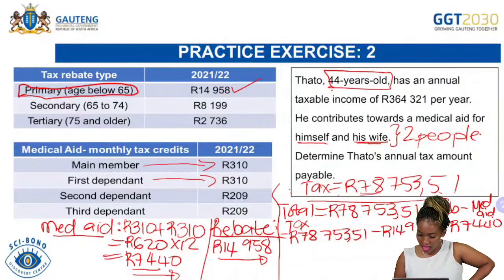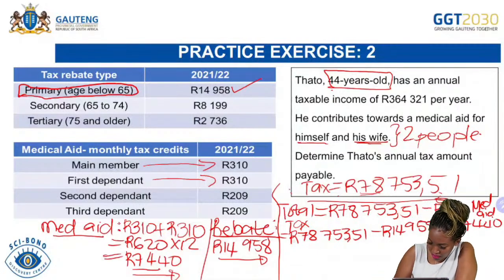You say 78,753 and 51 minus 14,958 minus 7,440.